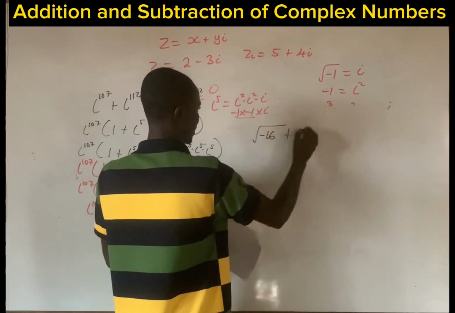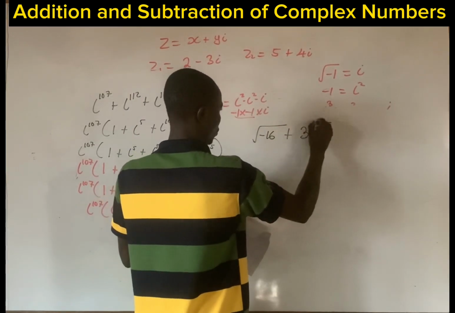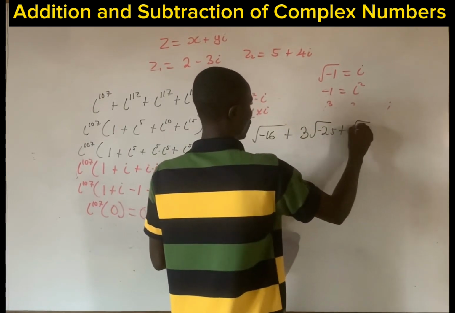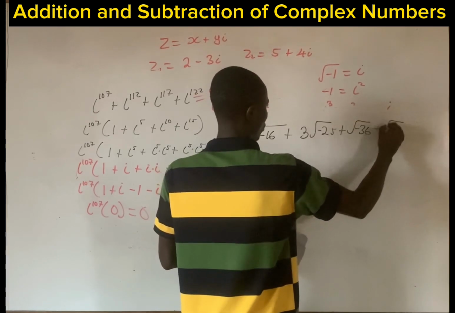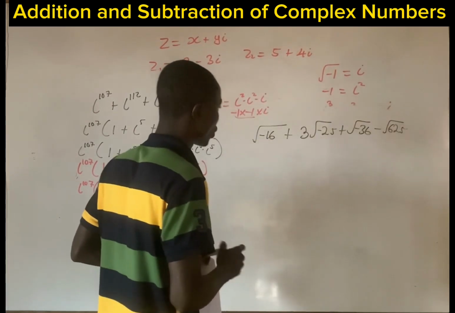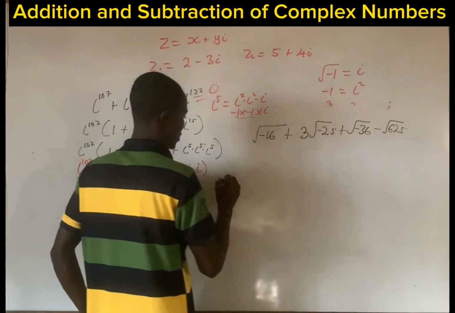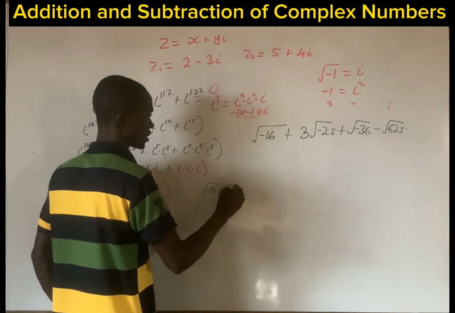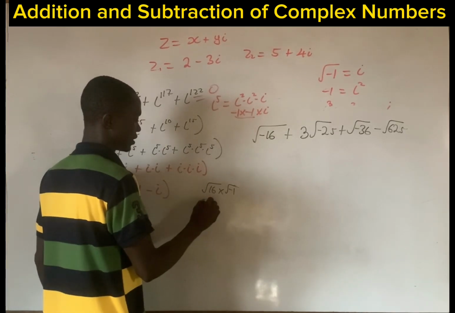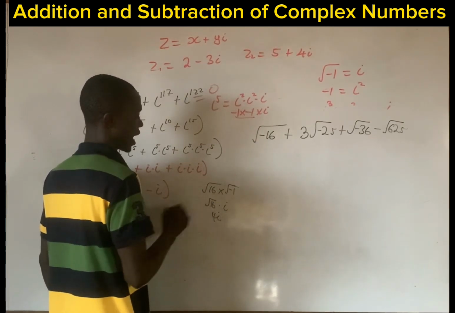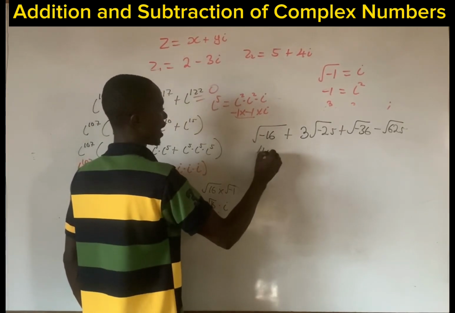Minus 16 plus 3 times root of minus 25 plus root of minus 36 minus root of 625, in a very simple way. So we take this one, we have root of 16 times root of minus 1, and this gives root of 16 times i, and that is 4i. So we write here 4i.